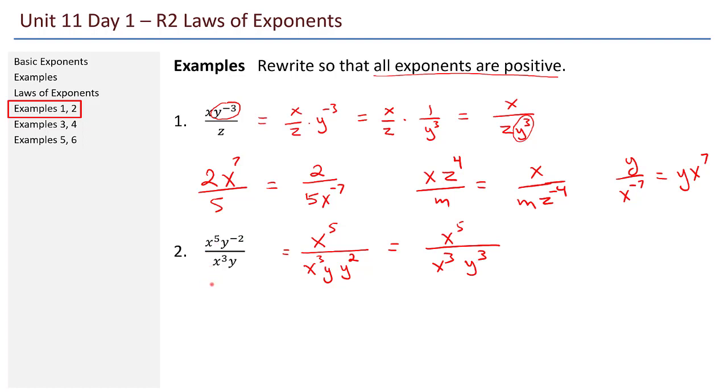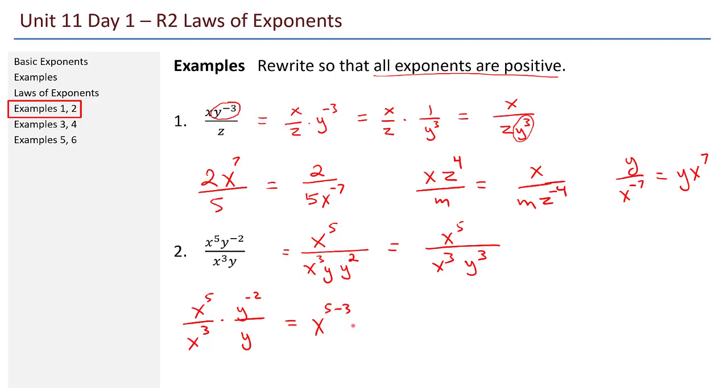Let's say I separate the x part first. So I have x to the 5 over x cubed, and I multiply that times y to the -2 over y. And then I can use my exponent subtraction law. So I subtract exponents. On the first, I get x to the 5 minus 3.